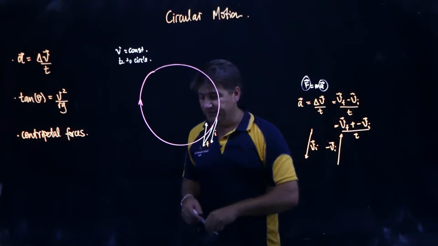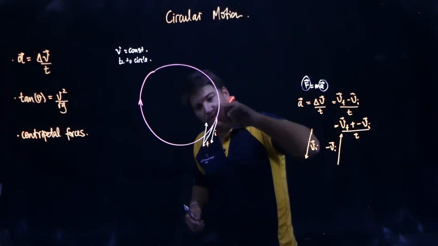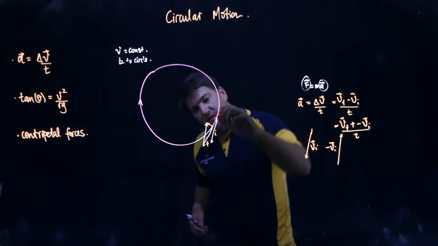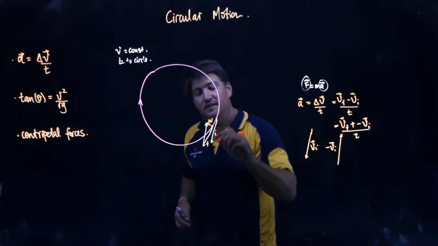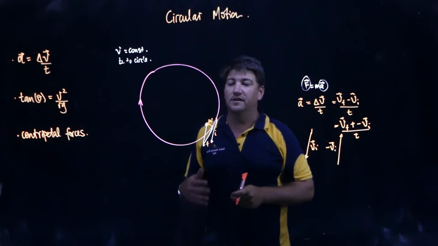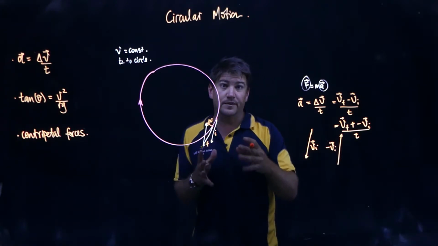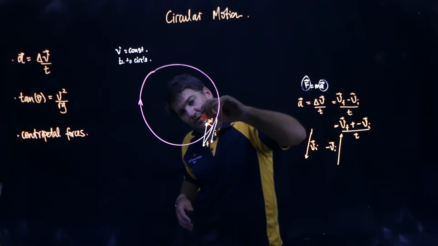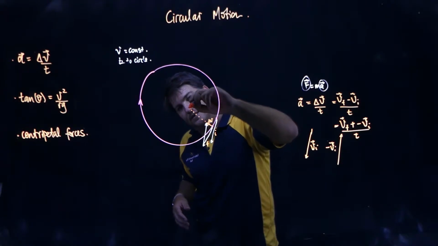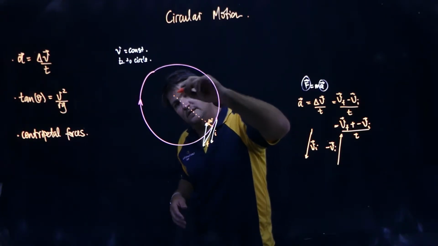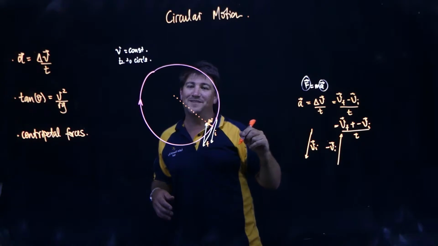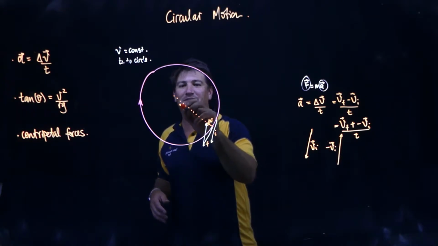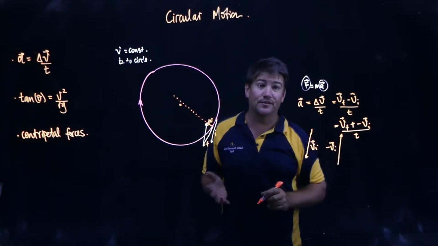So the change in velocity is the leftover bit. The change in velocity is that guy there. That's the direction of the change in velocity. Now if I was to scale this up and draw a dotted line like this and make that reasonably straight, you would probably see that that goes through the center of the circle.